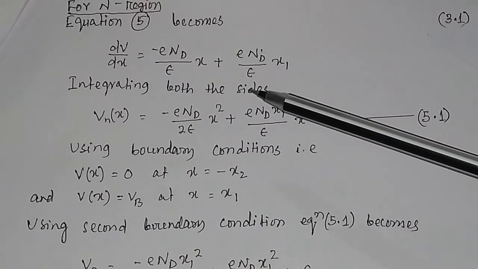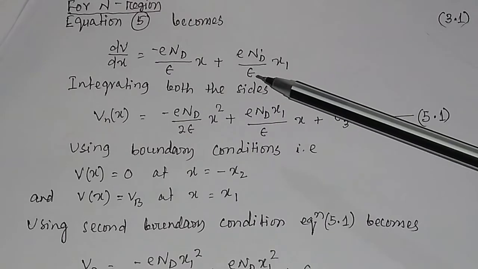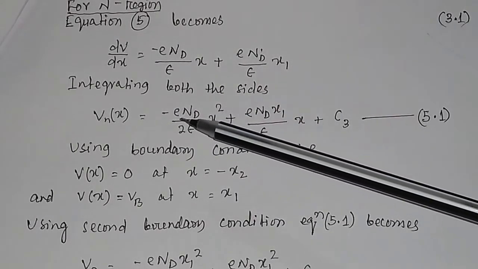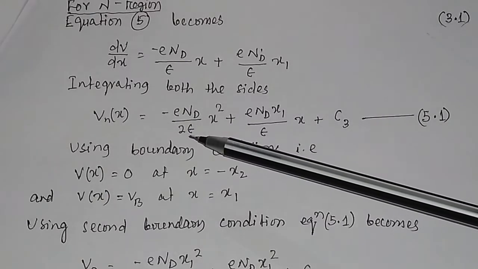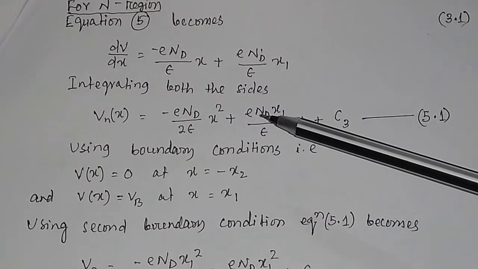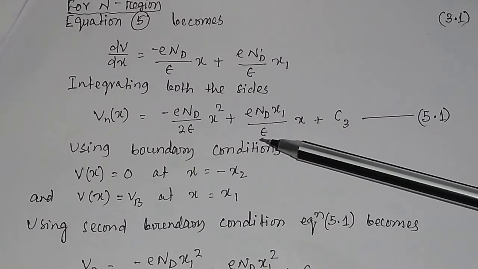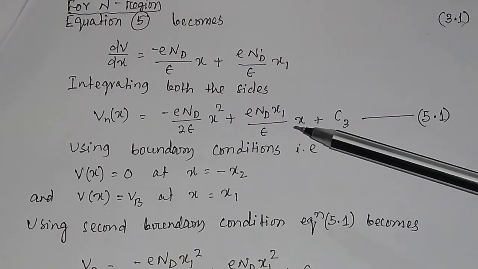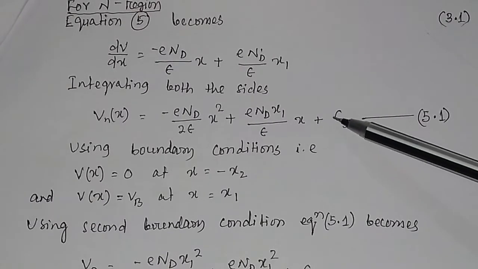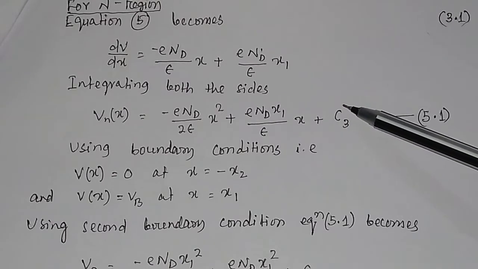And if you integrate both sides of this equation, then Vx or Vn(x) will be equal to minus e Nd divided by 2 epsilon into x square plus e Nd divided by epsilon into x1 into x plus C3. Suppose this is equation number 5.1, and the value of C3 can be found out from the boundary condition.